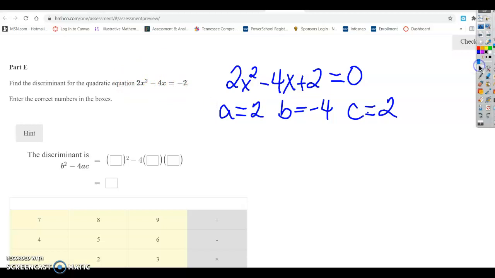As you can see, if you go straight from this equation, you're going to plug in the wrong value for C. All right, so for B squared, B is negative 4, so we're going to do negative 4 squared minus 4 times A times C, and again C is 2.